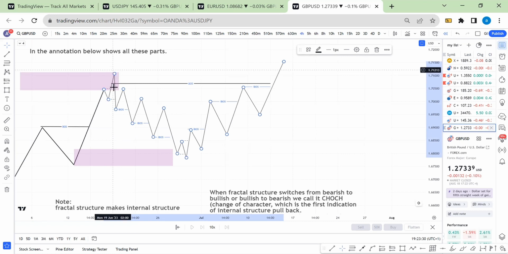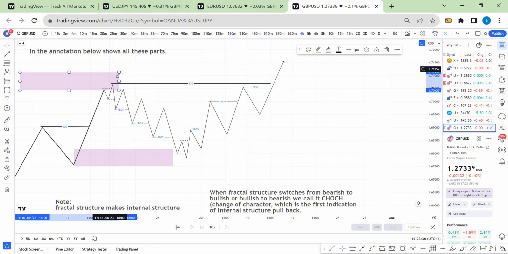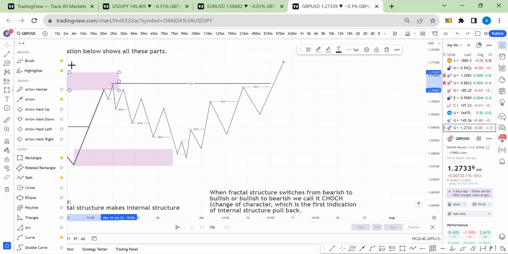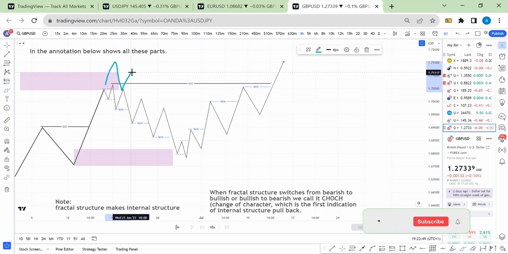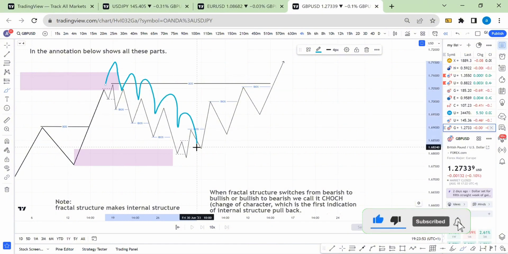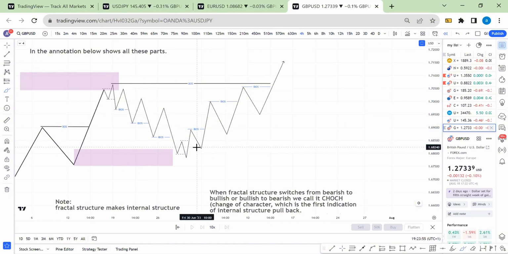But sometimes it may still not work because price can decide to wick this extreme, this zone. Sometimes price will just wick it, something like this. You just see price break the supply zone, then wick it, then come down, create internal structure, then continue going down. So that's why you cannot be very confident in that zone. That's fractal structure for you.